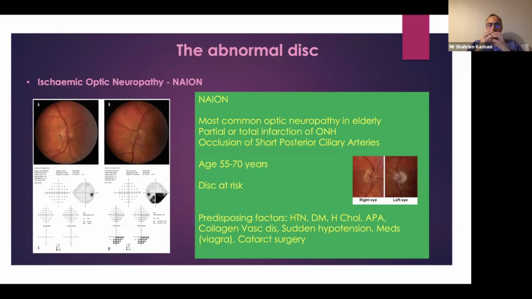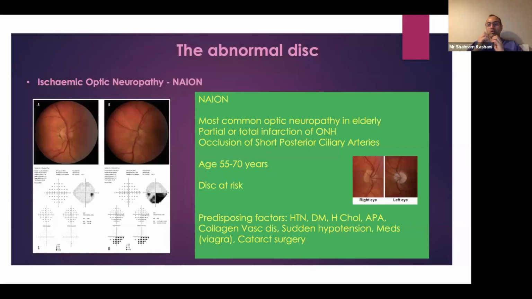So everything is very, very tight as it comes out of the optic disc. And that is called the disc at risk. It means it's a disc that doesn't have a cup. Everything's very tight, and you will notice this if you look at the unaffected disc. It happens to patients about 55 to 70.